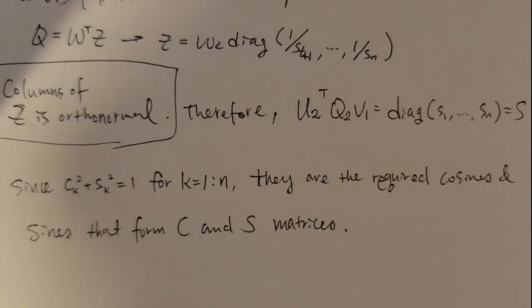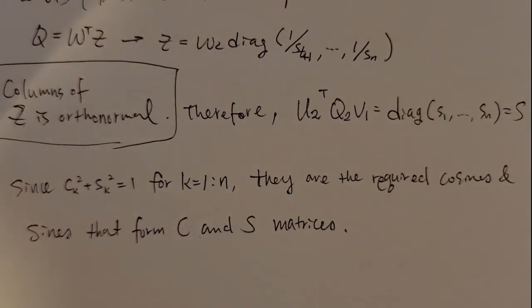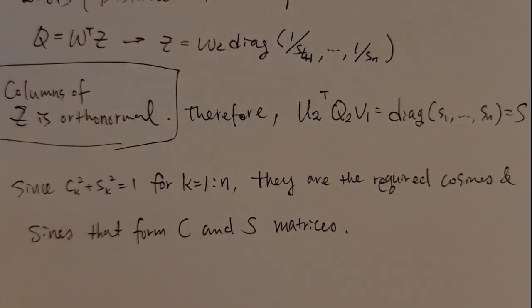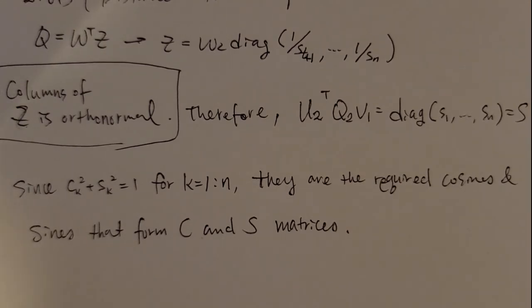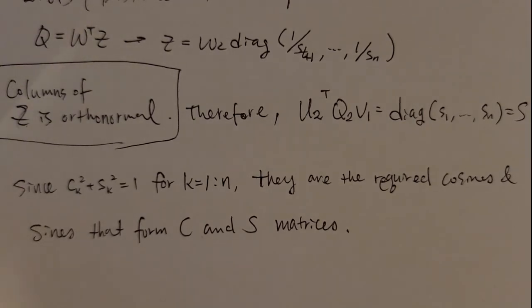So I added some exercises after this, which encompass the proof that I showed you before, and I provided you with two matrices, or lines of code that you can run in MATLAB, which will give you the Q1 and Q2 matrices.